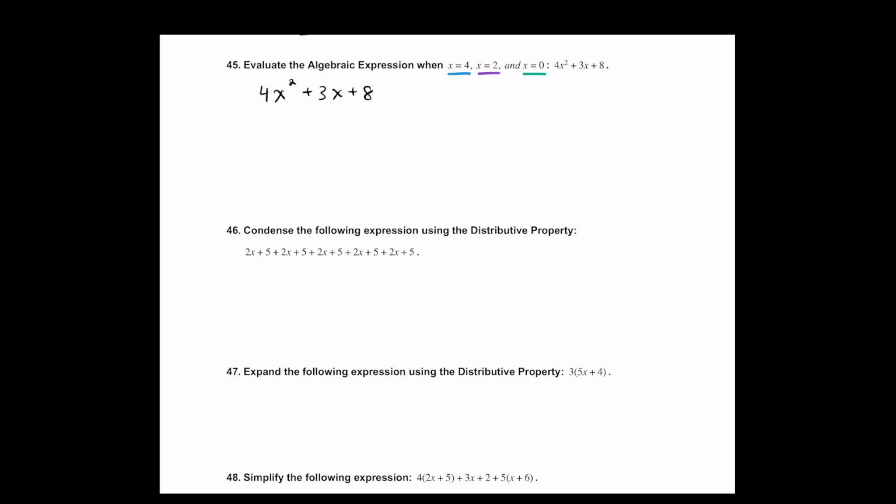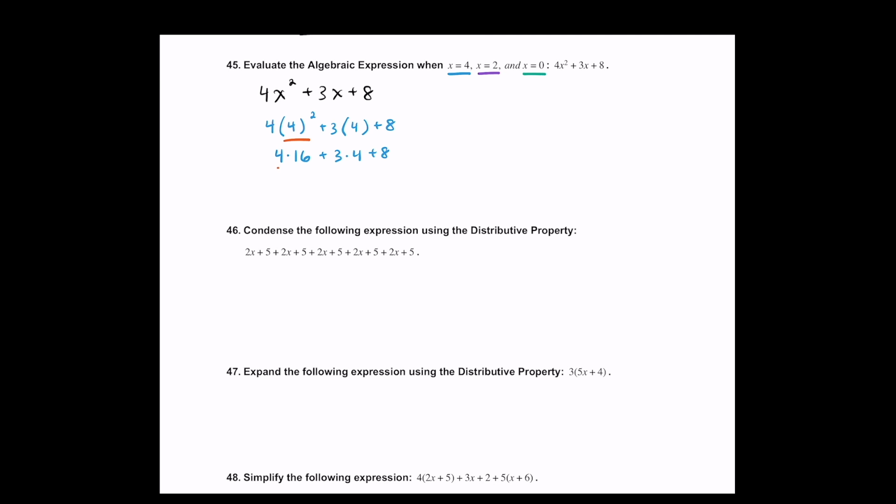Let's start off when x is equal to 4. So when x is 4, we'll change x to 4. So 4 times 4 squared plus 3 times 4 plus 8. Following the order of operations, exponents come first, so 4 squared is going to be 16, so that's 4 times 16 plus 3 times 4 plus 8.